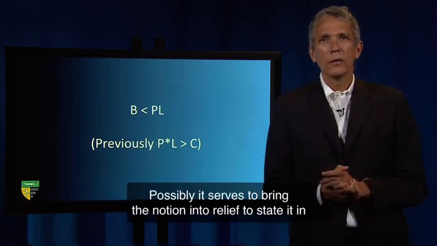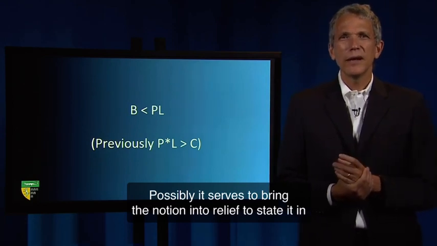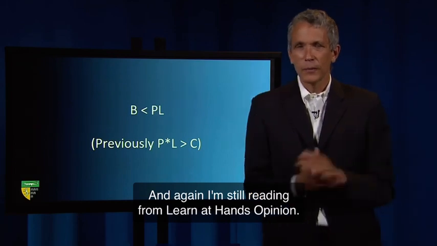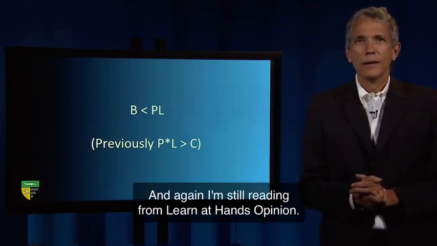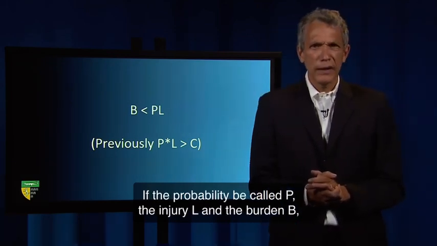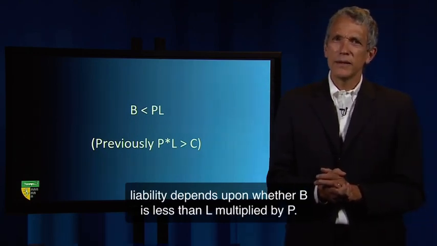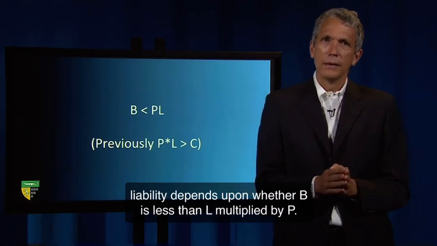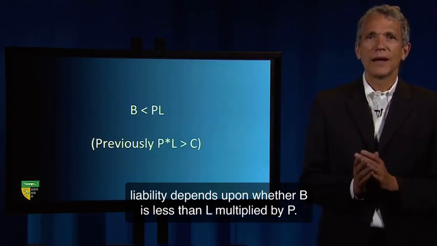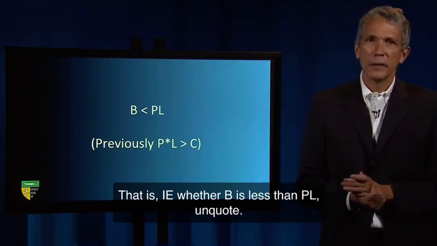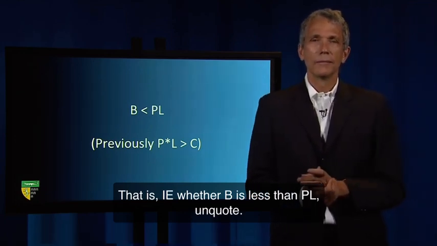Possibly it serves to bring the notion into relief to state it in algebraic terms." And again, I'm still reading from Learned Hand's opinion. "If the probability be called P, the injury L, and the burden B, liability depends upon whether B is less than L multiplied by P. That is, i.e., whether B is less than PL."